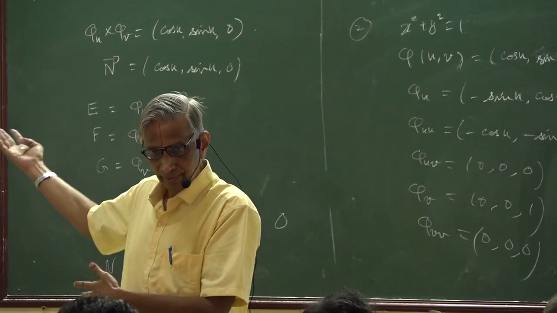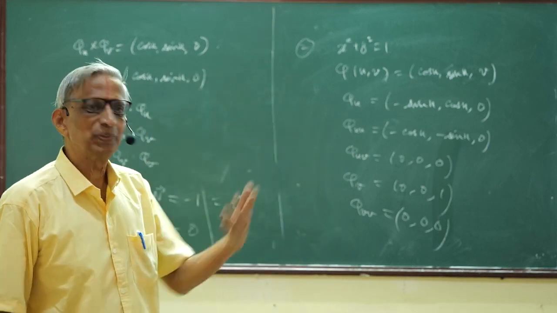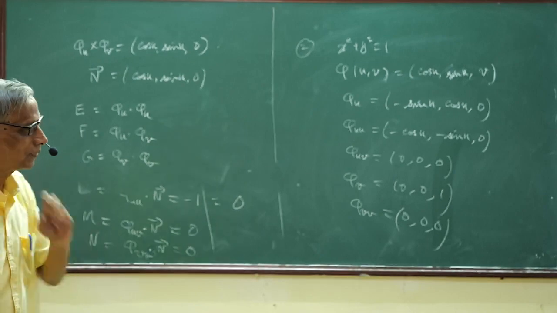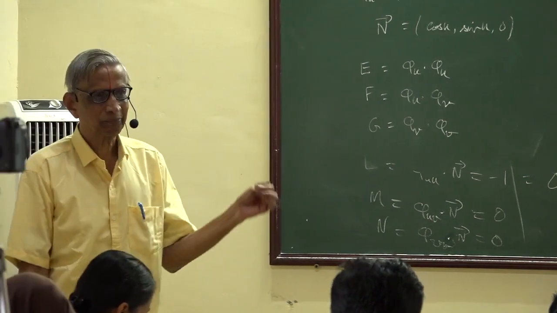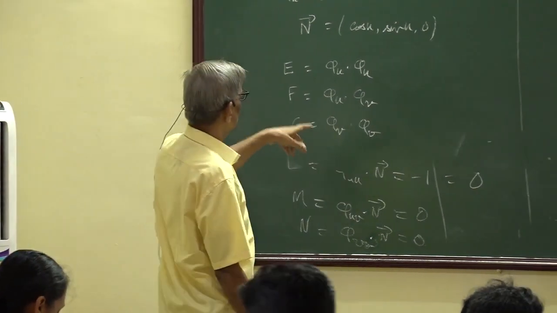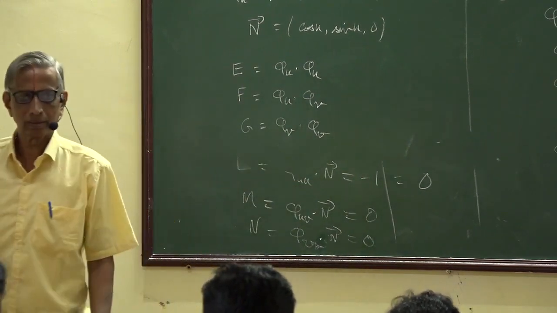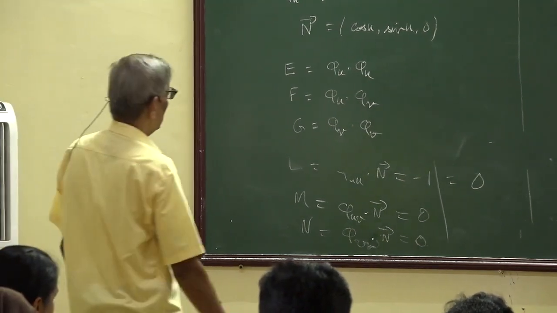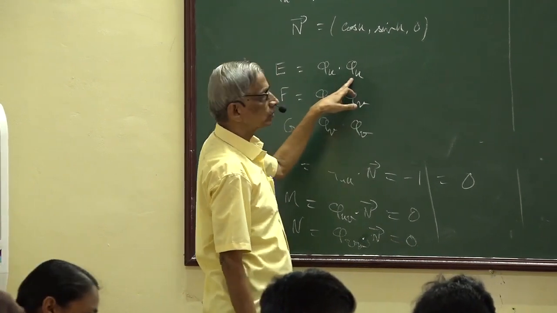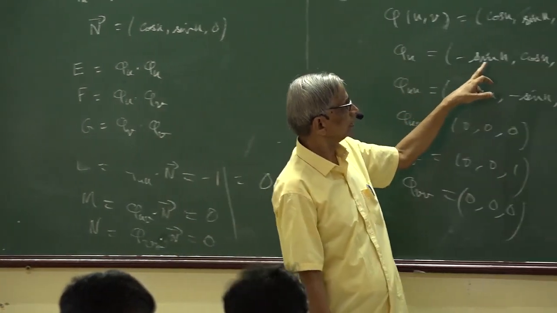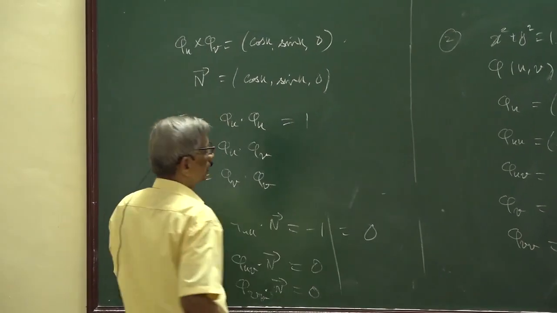The sphere also, we had written like this. Then how did you calculate? You don't get a number at all. Phi u is a vector, so it doesn't give you a number. The second derivatives come only in L, M, N, not E, F, G. So phi u dot phi u is 1.